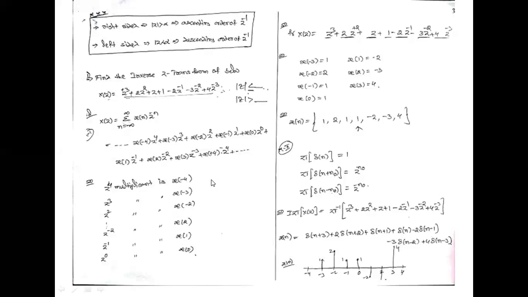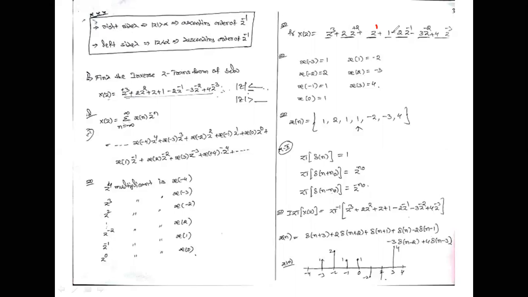And next, x of minus 1, that is z power 1, whose coefficient is 1. And here the coefficient 1 is for z power 0, that is, x of 0 is 1.